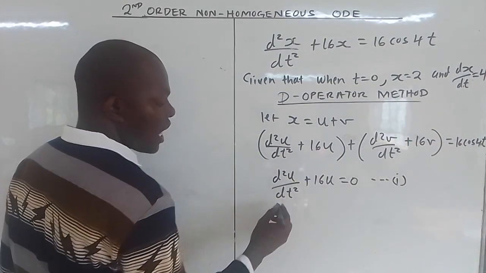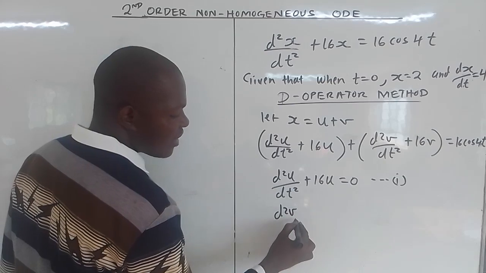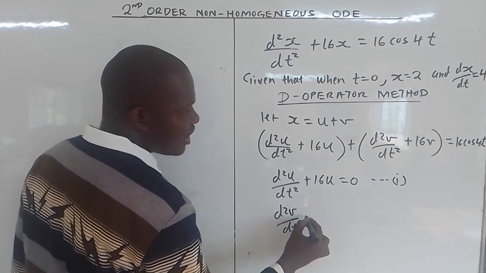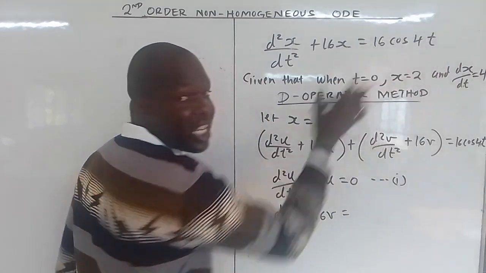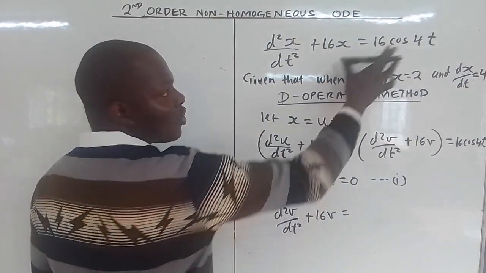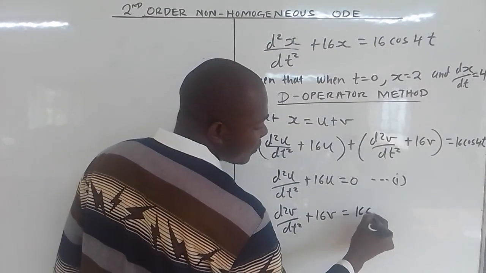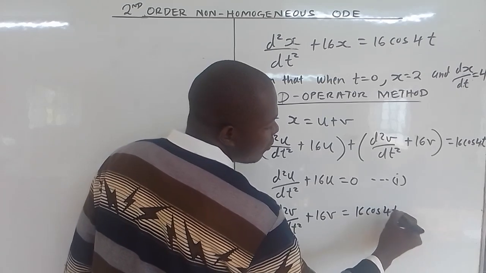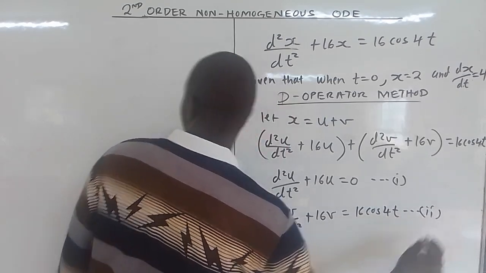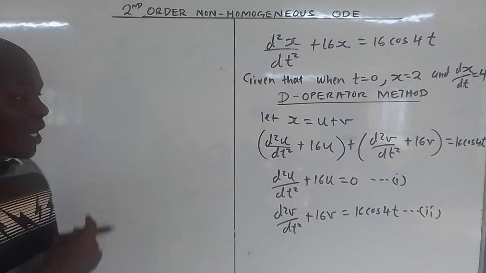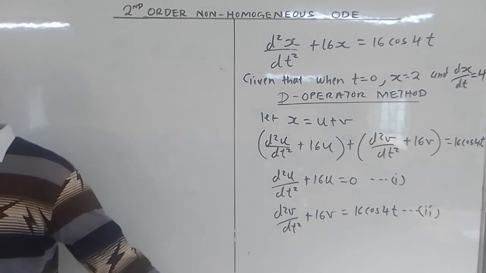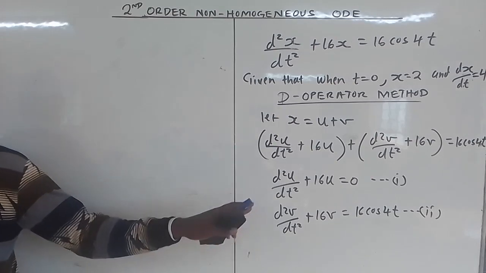Then the particular integral part gives us d squared v over dt squared plus 16v is equal to the function you've been given, isn't it? So the function of t we've been given is 16 cos 4t. That forms equation 2. Are we together?